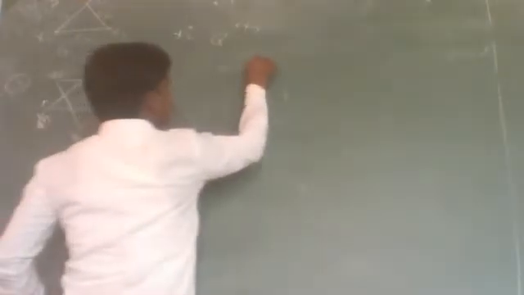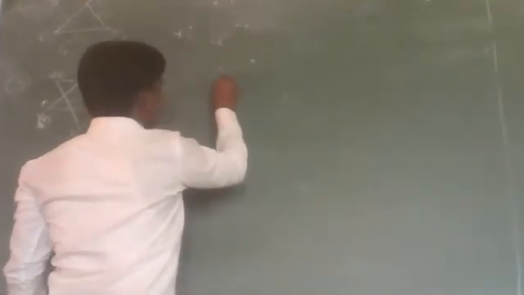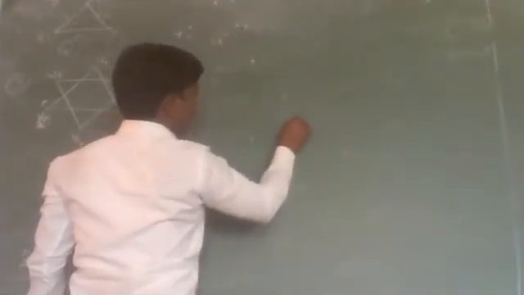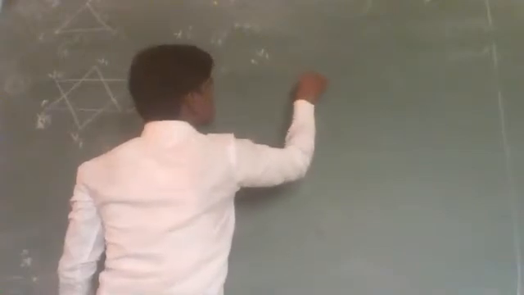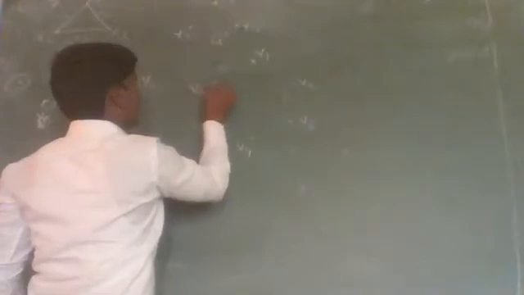So vertex V1 is adjacent with V3 and V5. Now we have to adjoin this vertex V1 by an edge with vertices V2, V6 and V4.